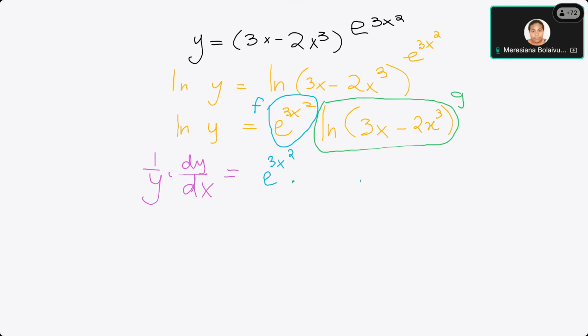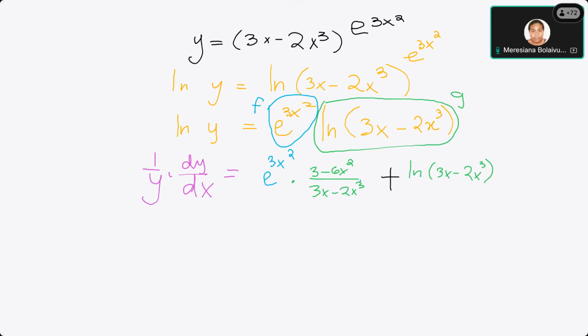The derivative of ln 3x minus 2x cubed is 3 minus 6x squared over 3x minus 2x cubed, plus g times f dash. G is ln of 3x minus 2x cubed.